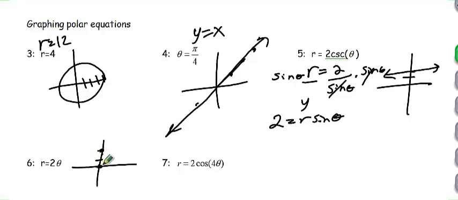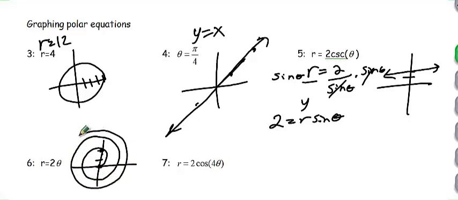So here somewhere. So what's ending up doing is as theta gets bigger, radius is going to get bigger. And you end up making a spiral. Now this has got a name. I believe it's Archimedes spiral. Don't quote me on that. It's always fun when you put something on YouTube. But it ends up being a spiral, and it's pretty cool.